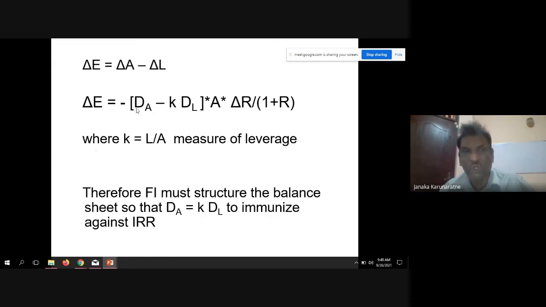So we want to ensure our delta E impact is very small. If we can make delta E zero, that is the best scenario. That means no impact.